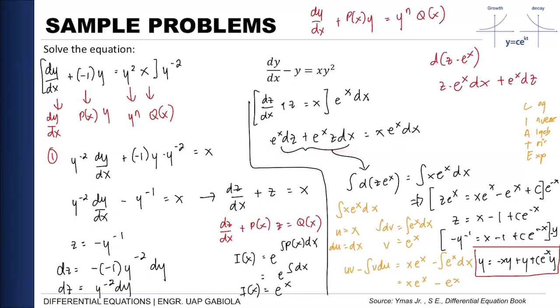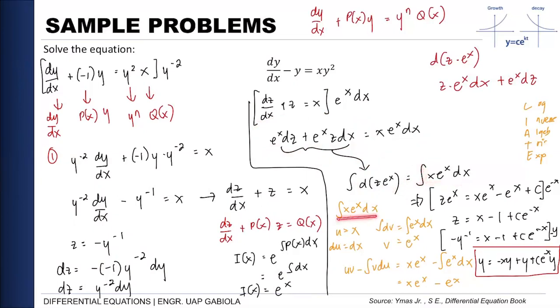And then our left side is the exact differential of z e^x. Or if we take the derivative of the product z e^x, we will come up with this expression, so it is an exact differential. Then for x e^x dx, to get its integral, you need integration by parts.